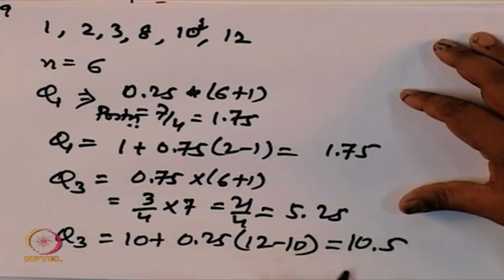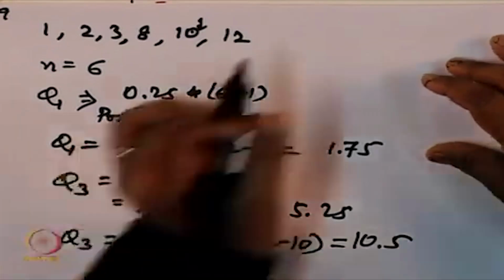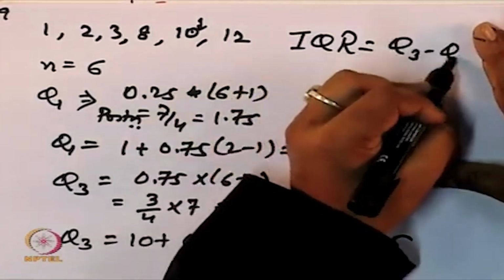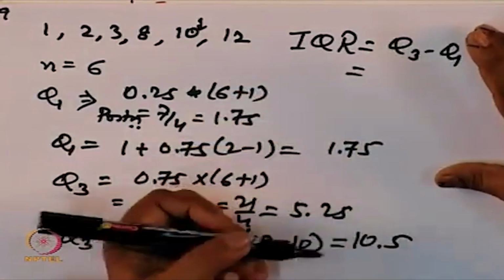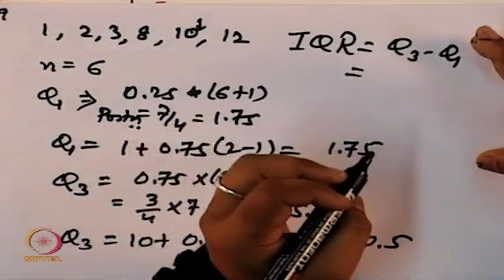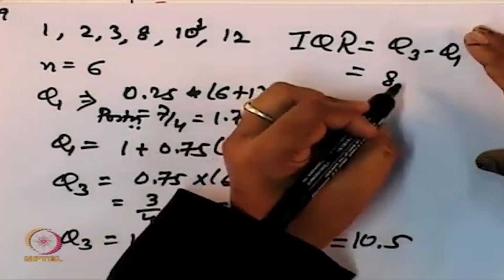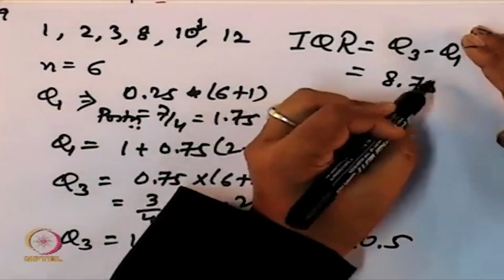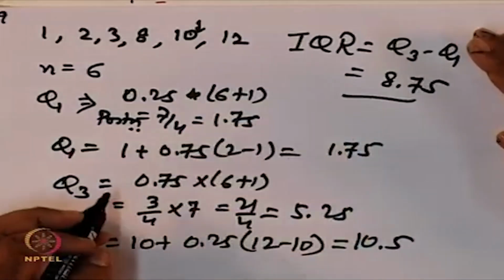So, 10.5 is your Q3. My IQR is equal to Q3 minus Q1, so 10.5 minus 1.75, which is 8.75. IQR is 8.75.